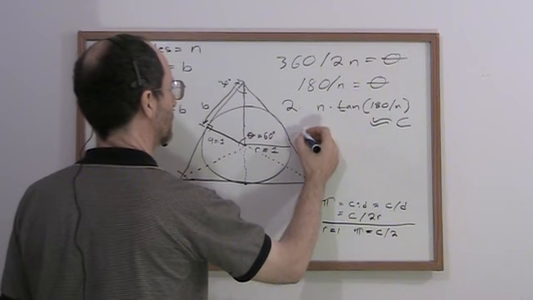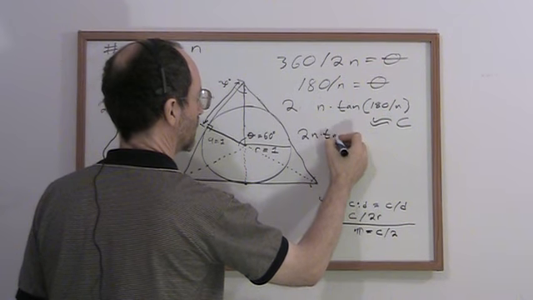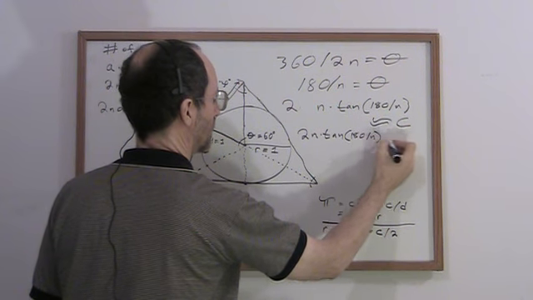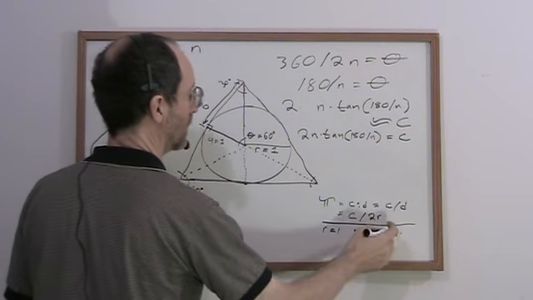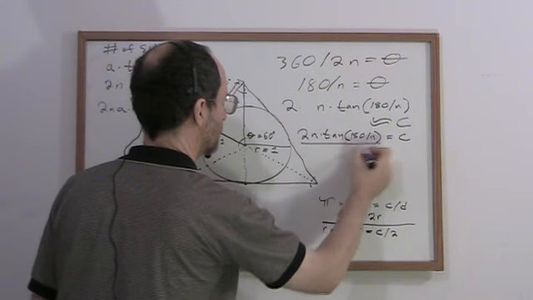So then this again becomes 2n tangent 180 over n equals C, and we want to extract the value of pi from this, so we put both sides over 2.